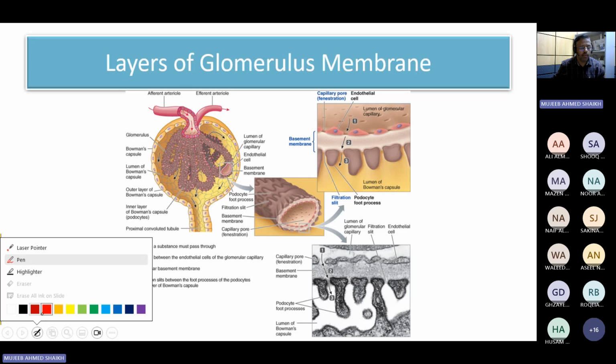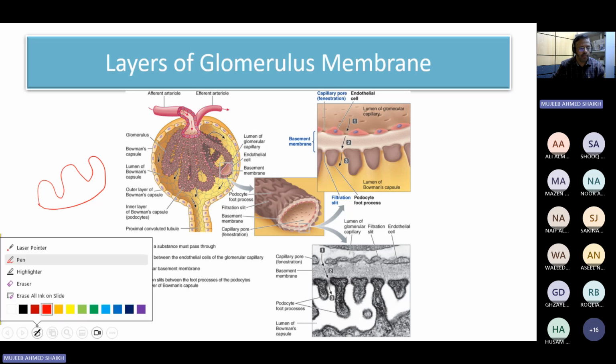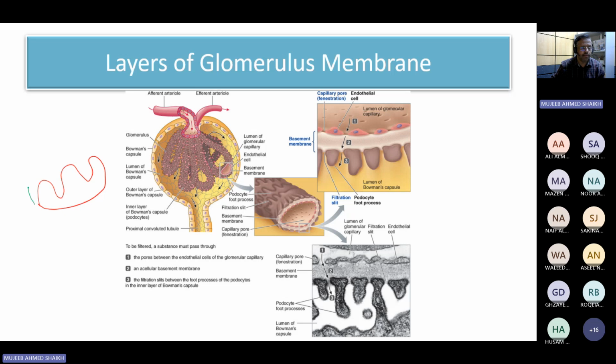So what I was telling you is that one podocyte is like this. This is one podocyte. And the second one, I will draw with another color so that you will understand the meaning of slit. It is sitting like this.